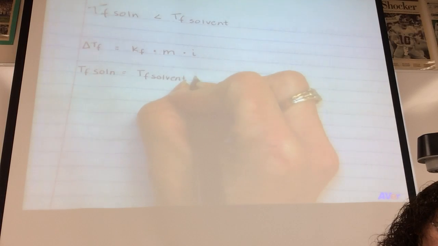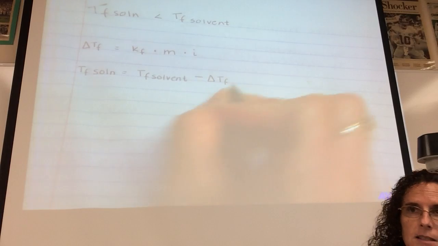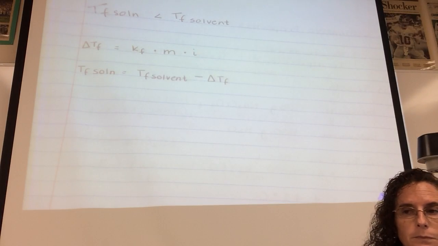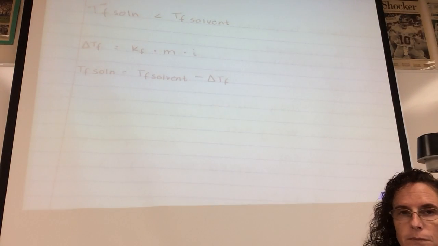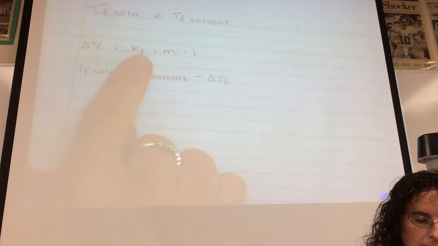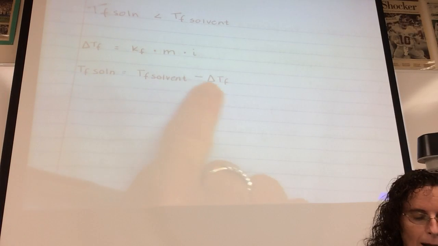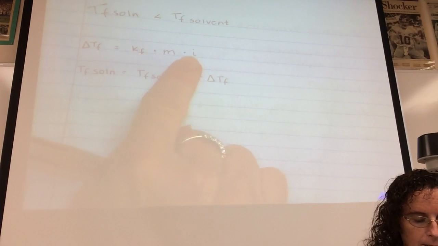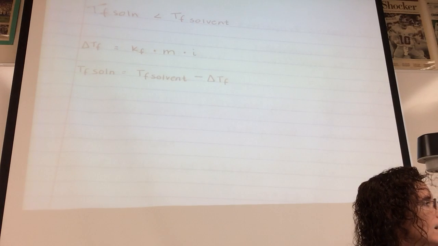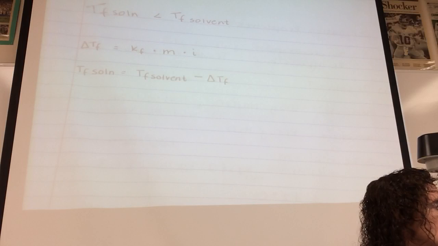You will subtract the delta Tf. Two key differences. The freezing point gets depressed, so you must subtract the delta Tf that you calculated here. Everything else is grossly similar to what we talked about the other day.